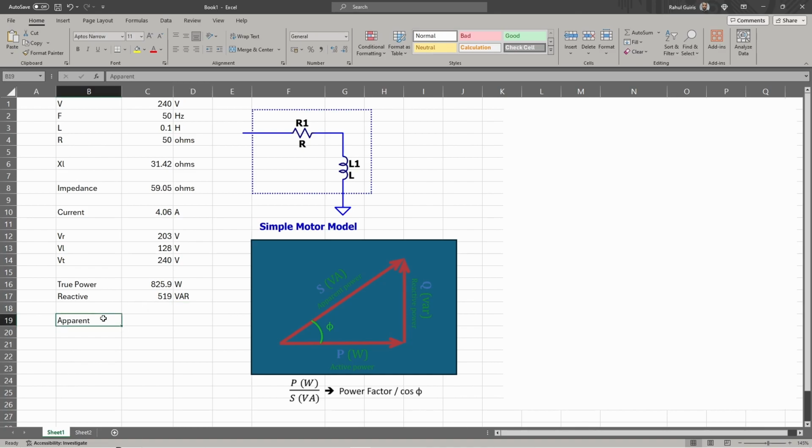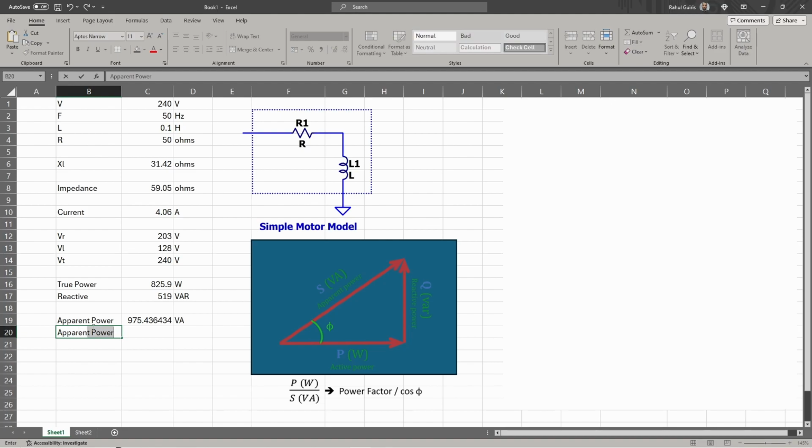And the apparent power is equal to the input current multiplied by the input voltage. We can also do this a slightly different way by doing the Pythagoras theorem on the true power, which is on this axis, and the reactive power, which is on this axis. So if you want to calculate the apparent power, square root of P squared plus Q squared.